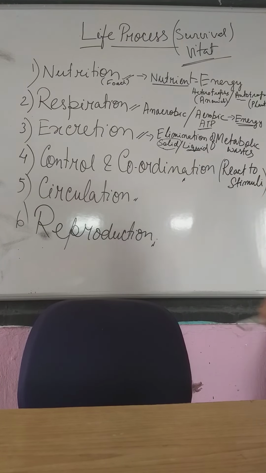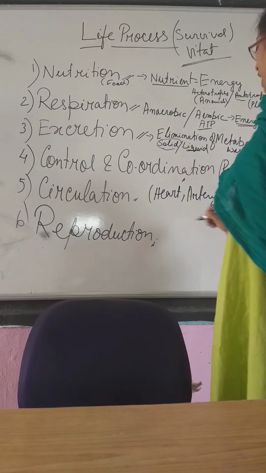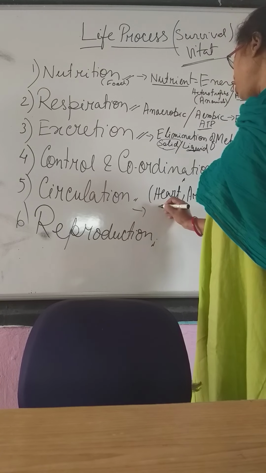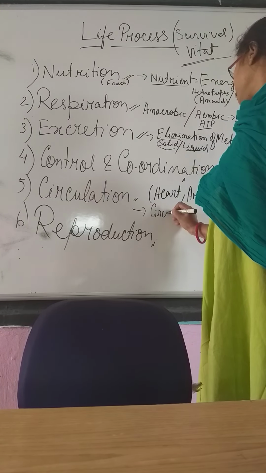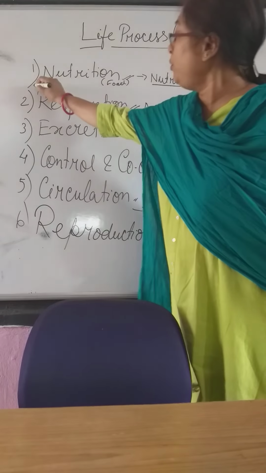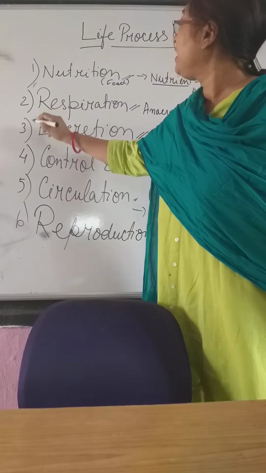Now circulation deals with the heart, arteries and veins, in the case of higher animals. This is important for the circulation of nutrients and respiratory gases.